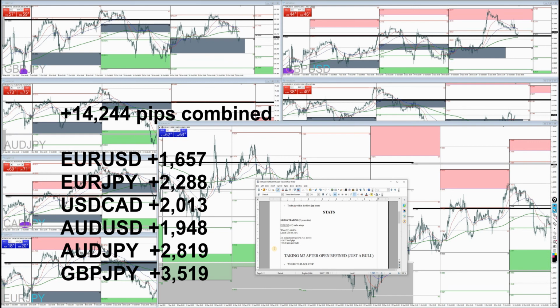And my total pips between all that, all said and done, was 1,657. And every time I entered a trade, win or lose, it averages out to 35.26 pips per trade. So not bad.